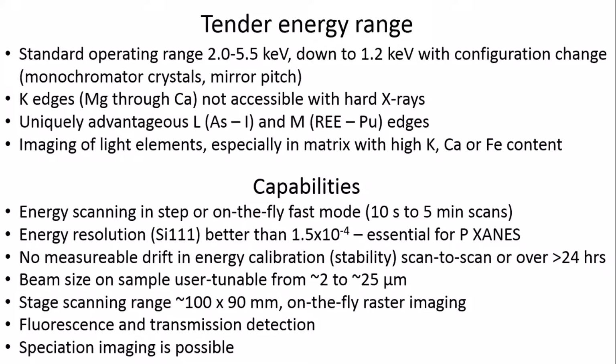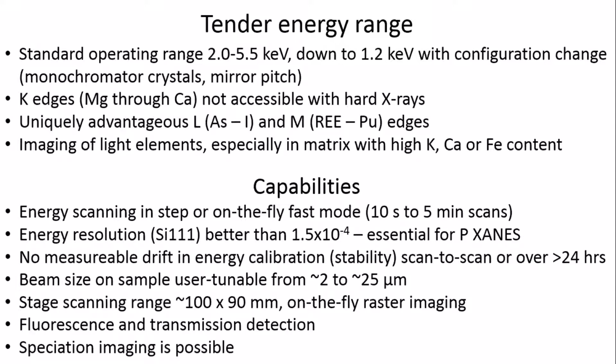It also will do a lot of imaging of light elements, especially in matrix with high potassium or calcium or iron that would normally swamp a detector. And so you want to set the incident beam below those edges to see lighter elements.